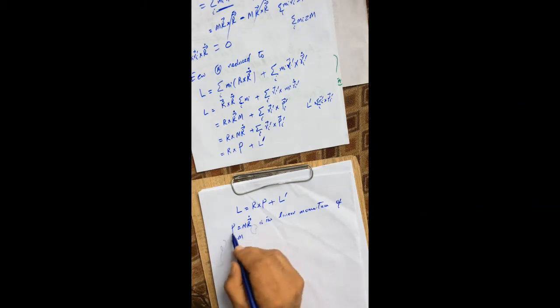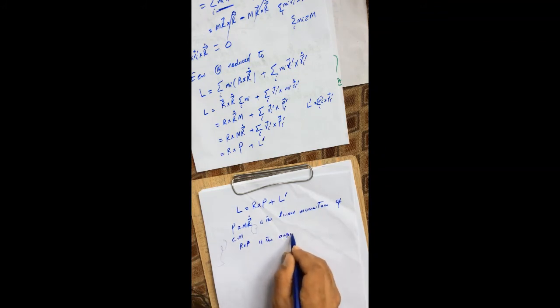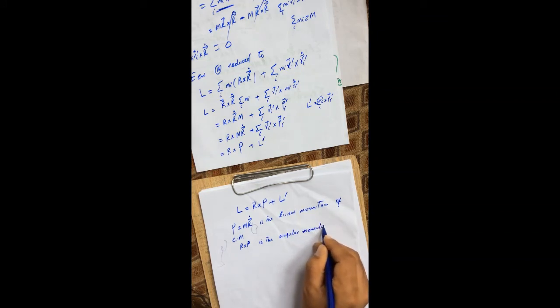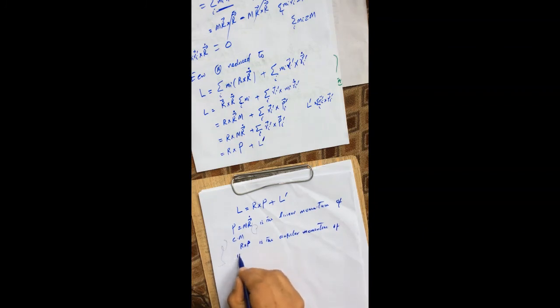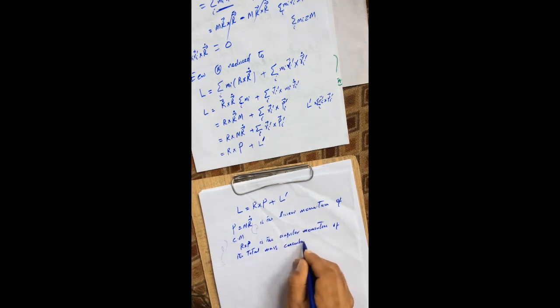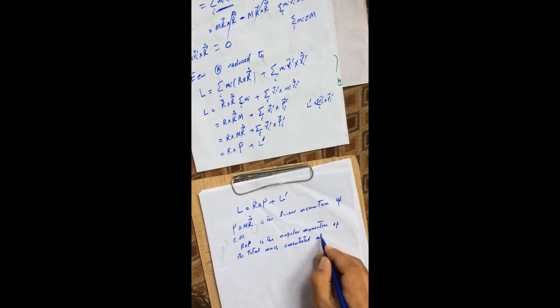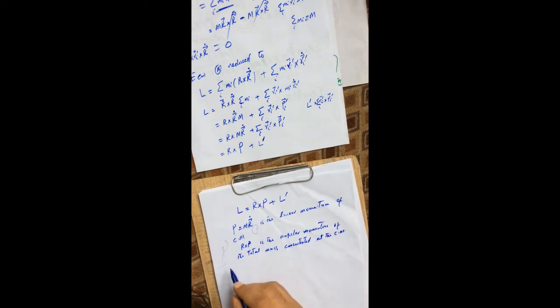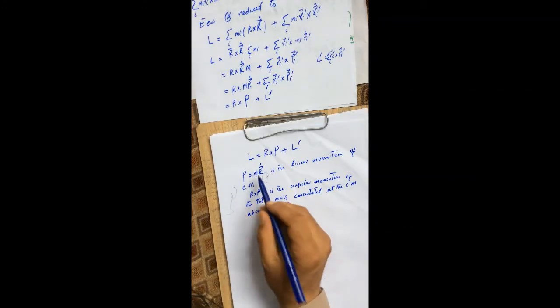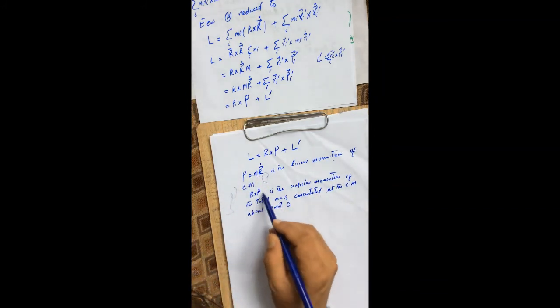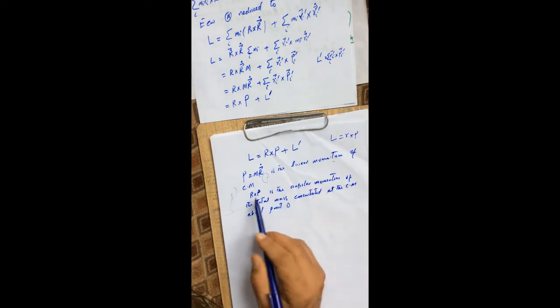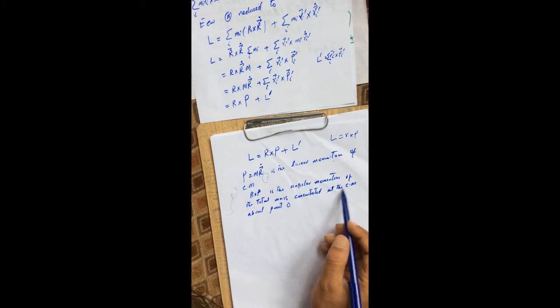So if this is the linear momentum of center of mass, then this term R cross P, linear momentum times this R, is the angular momentum of the total mass concentrated at the center of mass about point O. Because we know that L is R cross P, this term is the angular momentum of the total mass concentrated at the center of mass about point O.